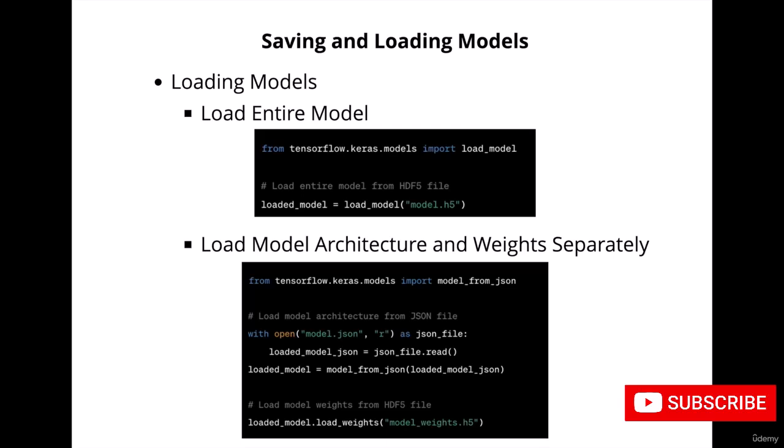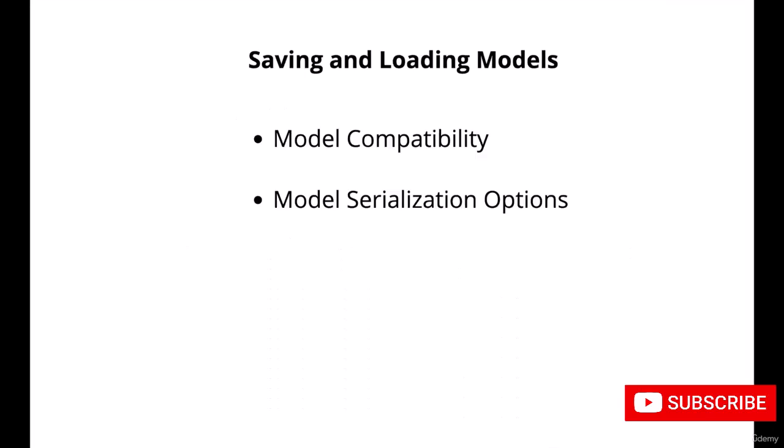Create a variable for the loaded model and call the json_file.read function, and the loaded model is loaded into model_from_json, and pass the loaded_model_json here. Next, if you want to load the weights from the HDF file, all you do is call the loaded_model.load_weights function and pass the model_weights.h5 file.